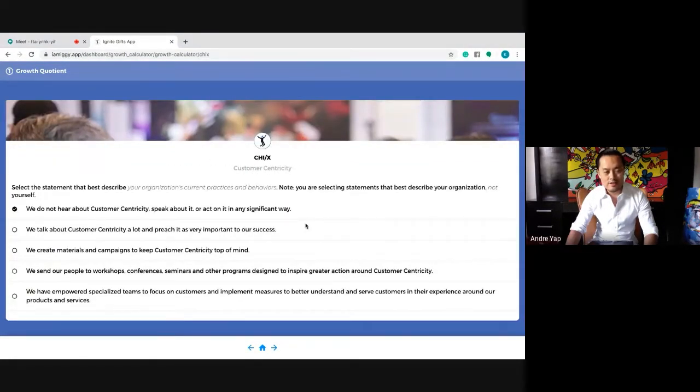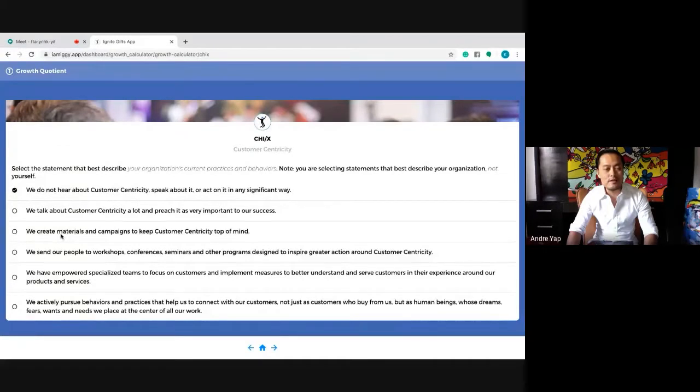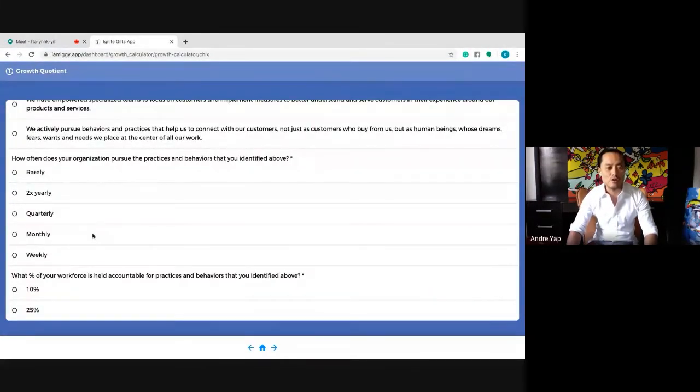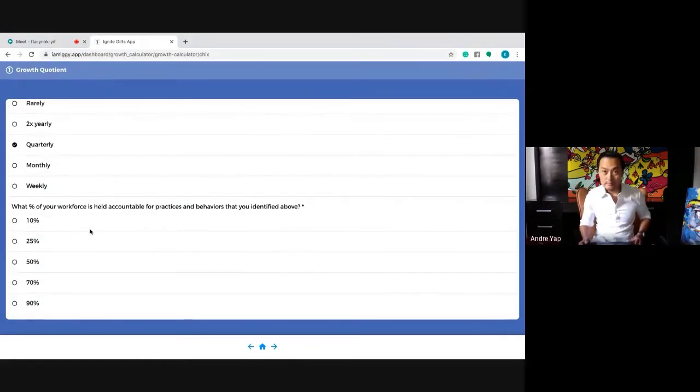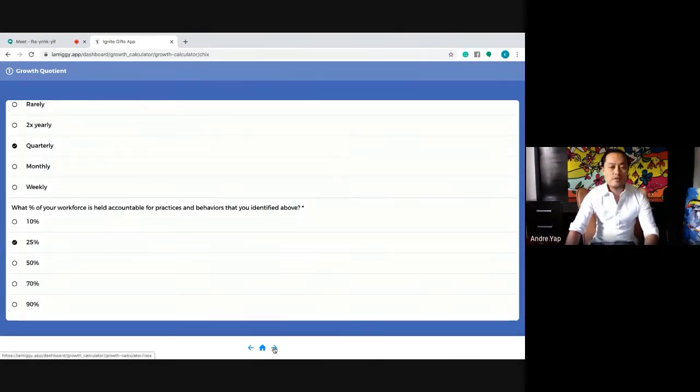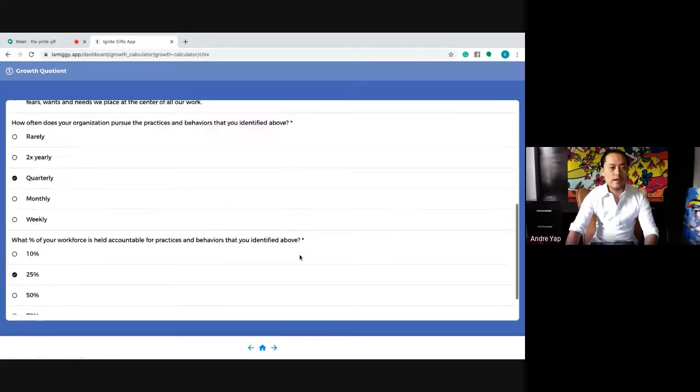And there's a diagnostic there of 4 screens. Please go ahead and take it. Just be mindful that this is not a diagnostic about yourself. It is a diagnostic about your organization. So please go ahead. So on screen, on the demo, we are done with the first of the 4 diagnostics.